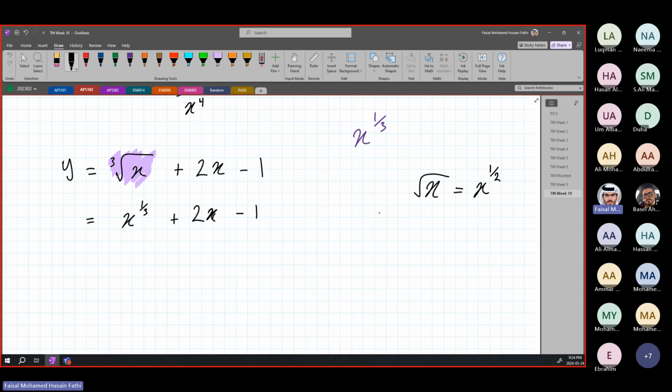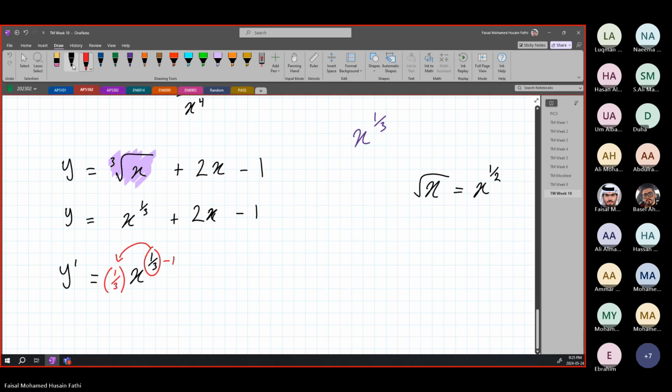All right? But now we can do the y prime. This is y. Y prime is, again, x power 1 over 3 minus 1. We'll take the 1 over 3 and multiply it outside, plus 2x, same idea again, you can directly do it since this is x power 1, you know that it's just going to be 2, minus 1, it's a constant, it becomes 0.